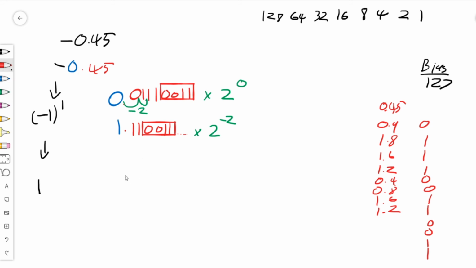The first thing we need to do is get our mantissa, which is 110011, and the 0011 will repeat infinitely. Lastly, we need to get our exponent. Again, our exponent is our bias, 127, plus our exponent from here, which is negative 2. This equals 125. Now we need to work out 125 in binary.